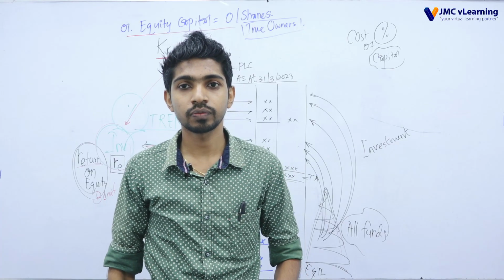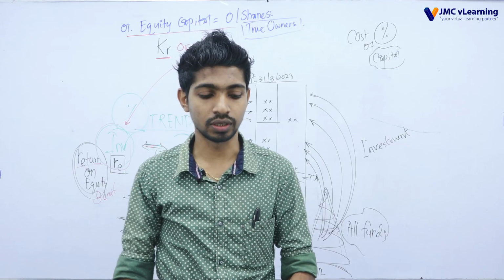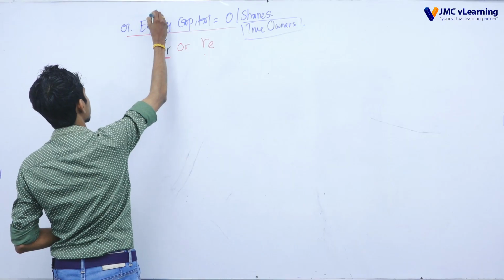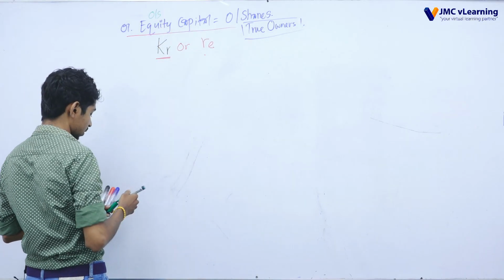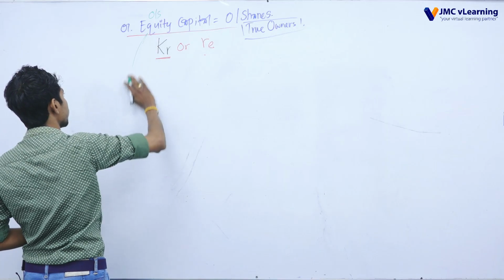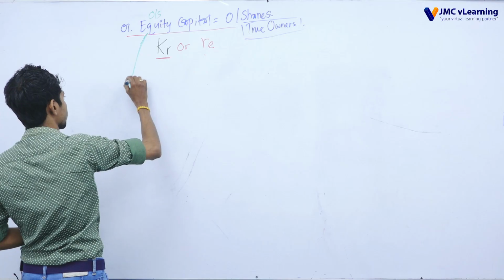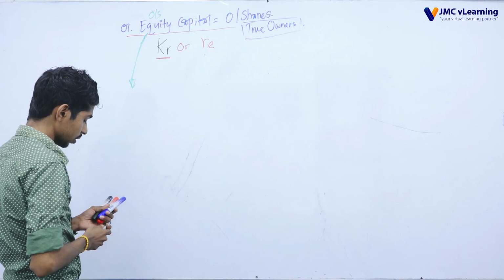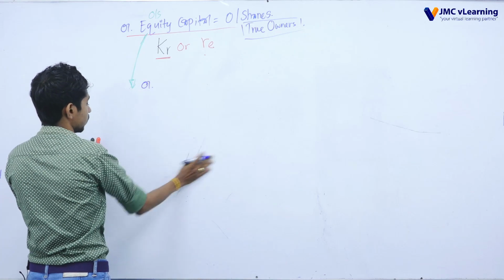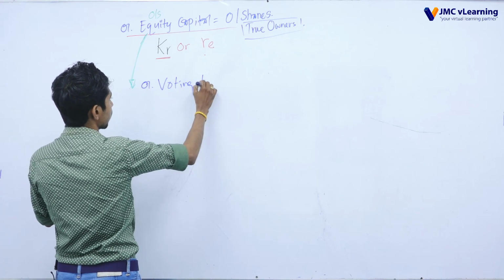Now we move to how to calculate the cost of equity. Before that, equity means the ordinary shares, so we have to identify some characteristics of ordinary shares. First one, voting rights.